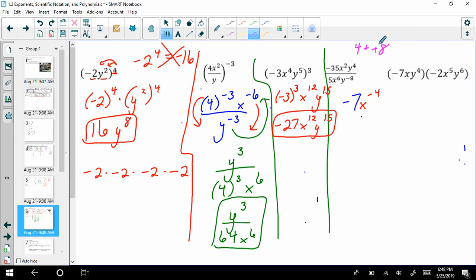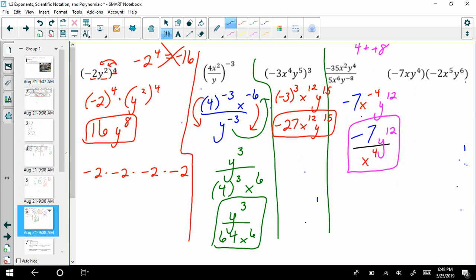That's really plus. Two negatives make a positive. So I get y to the 12th. And then I don't want negative exponents in your answer, so the negative 7 is okay because that's not an exponent. But the x will now be in the bottom to a positive 4. The y to the 12th is still up top. So that would be my answer.